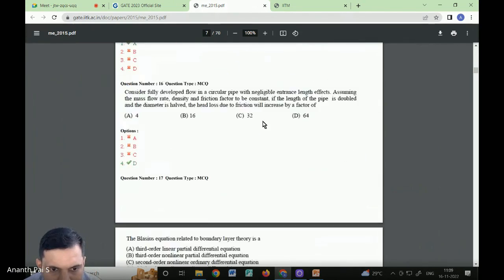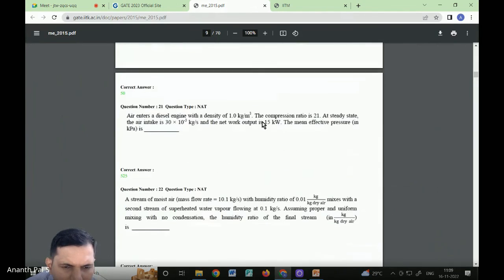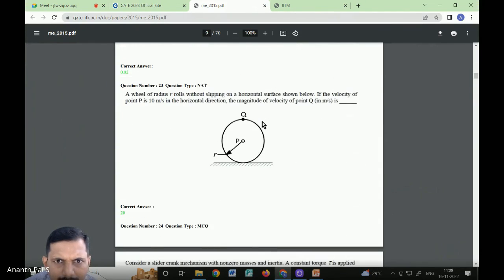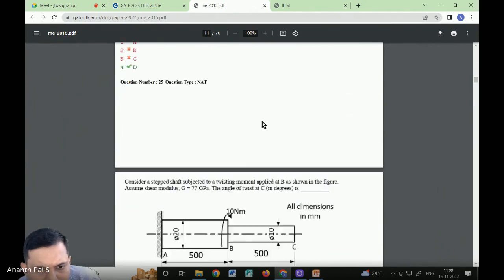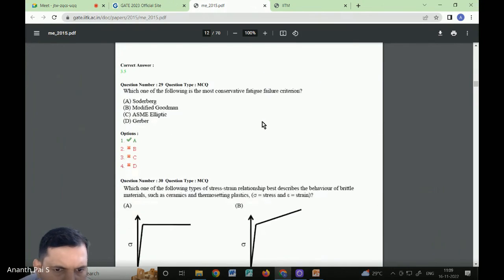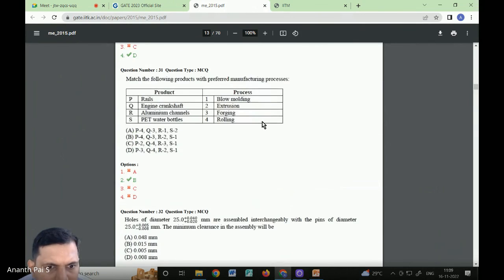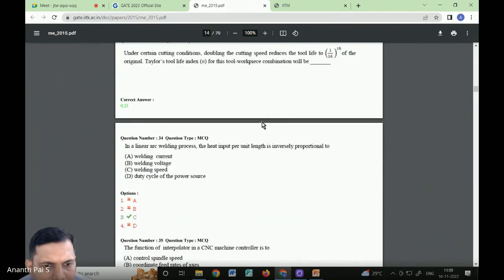It's a 2 mark question saying a 10 mm diameter.